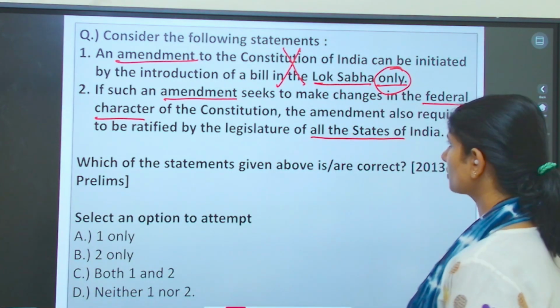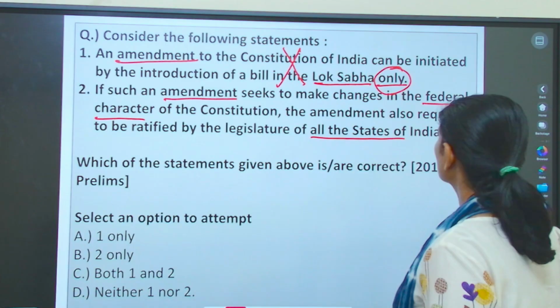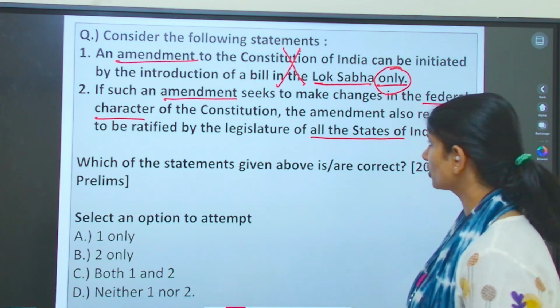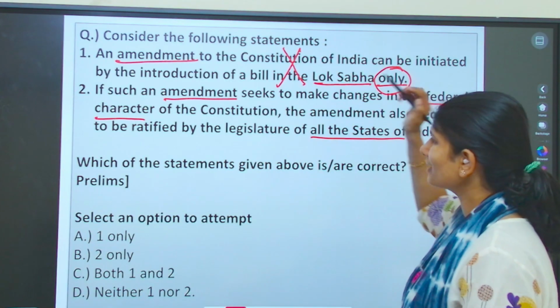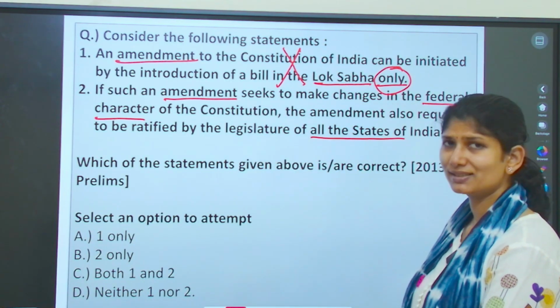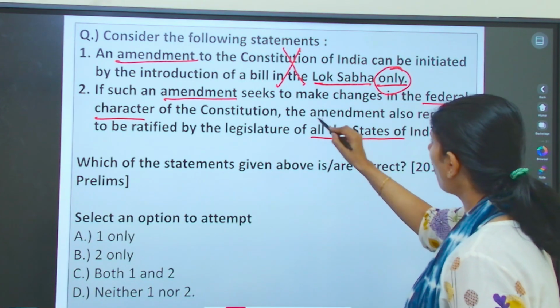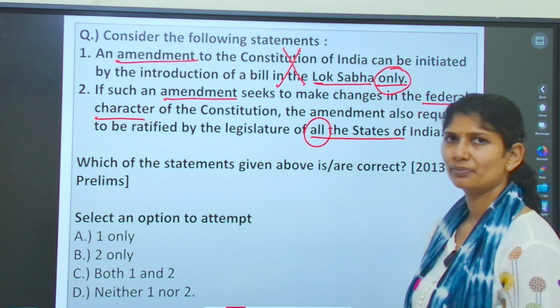Now, second statement: if such an amendment seeks to make changes in federal character, that is, if something affects center-state relations, amendment also requires state ratification by the state legislature. That is correct. But here look, they are using all the states.